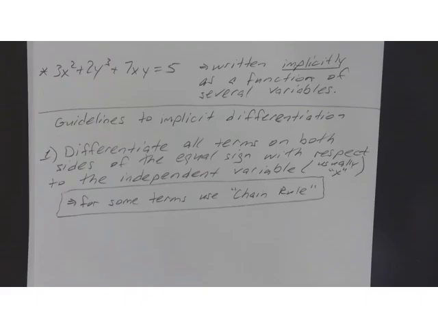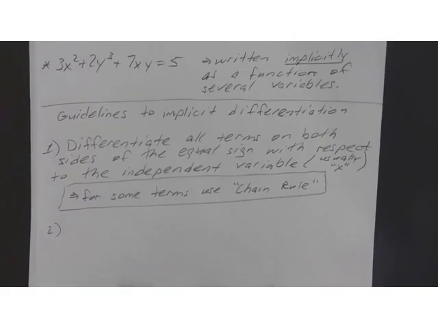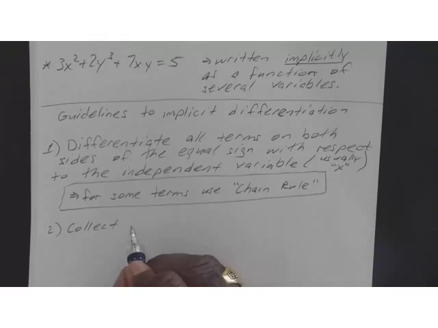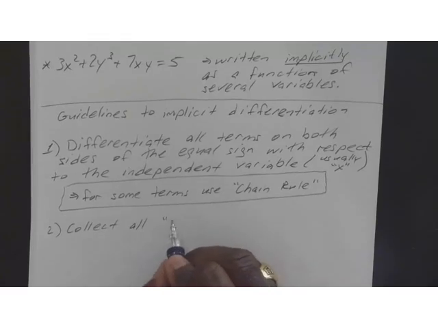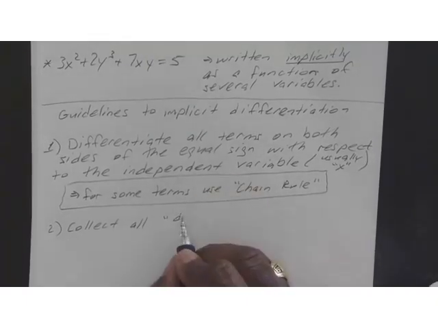Okay. So next, we want to collect all of the dy dx terms to one side and the non-dy dx terms to the other. That's just assuming that your independent variable is x.